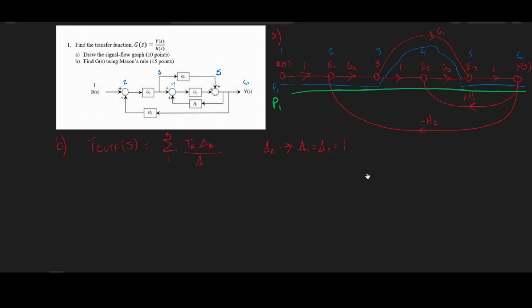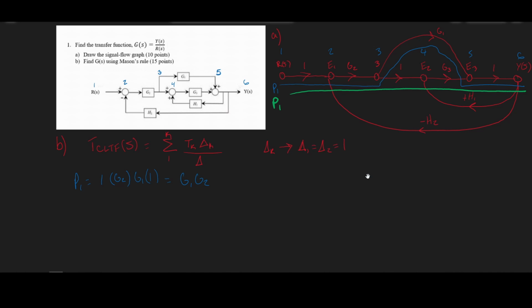Path 1 is equal to 1 times G2 times G1 times 1 is equal to just G1, G2.